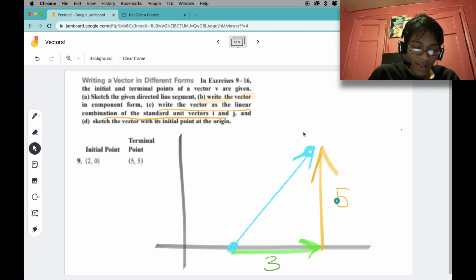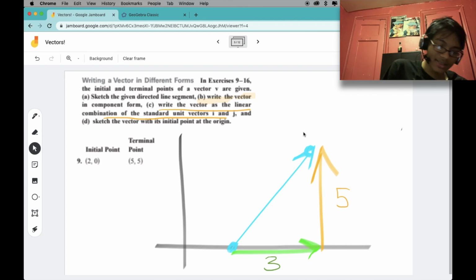Now, how do we write the vector as the linear combination of the standard unit vectors? The standard unit vector is actually not too bad. It's not as hard as it sounds. Let's look at the 3 we have right here.